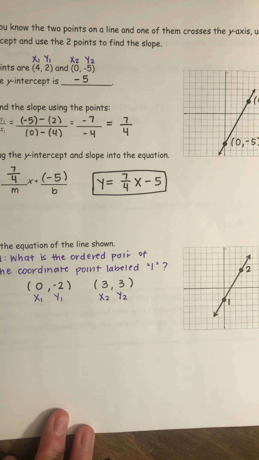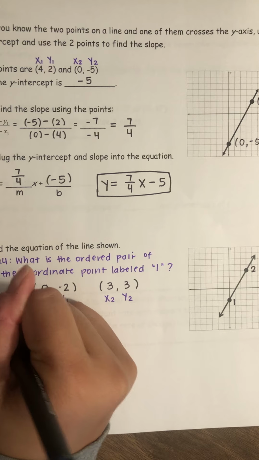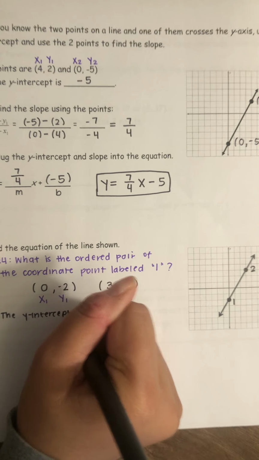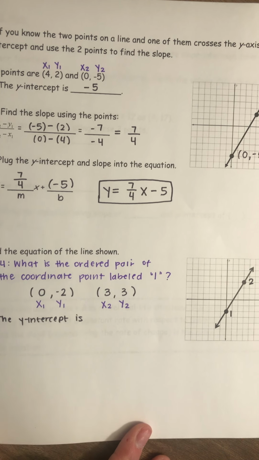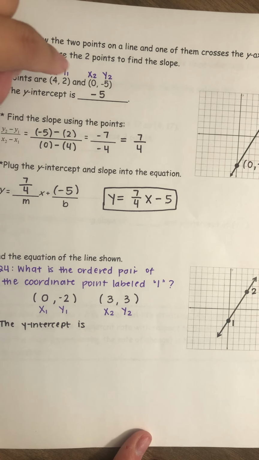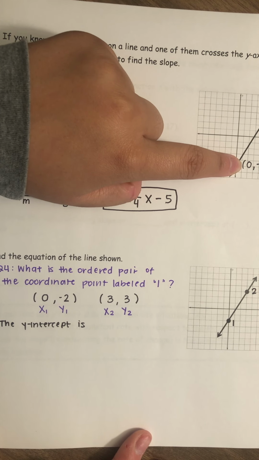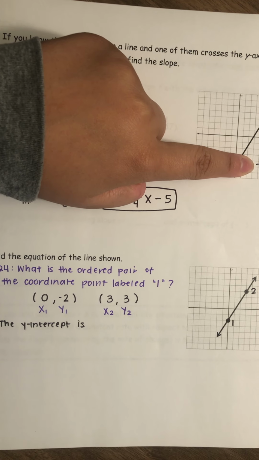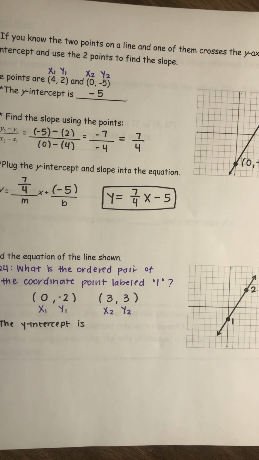So just like this example up here, I'm going to go ahead and follow the same steps by finding the y-intercept. And similar to this example up here, when we are given a point where the x value is 0, that y value in the ordered pair actually tells us what the y-intercept is, or where the line hits the y-axis.